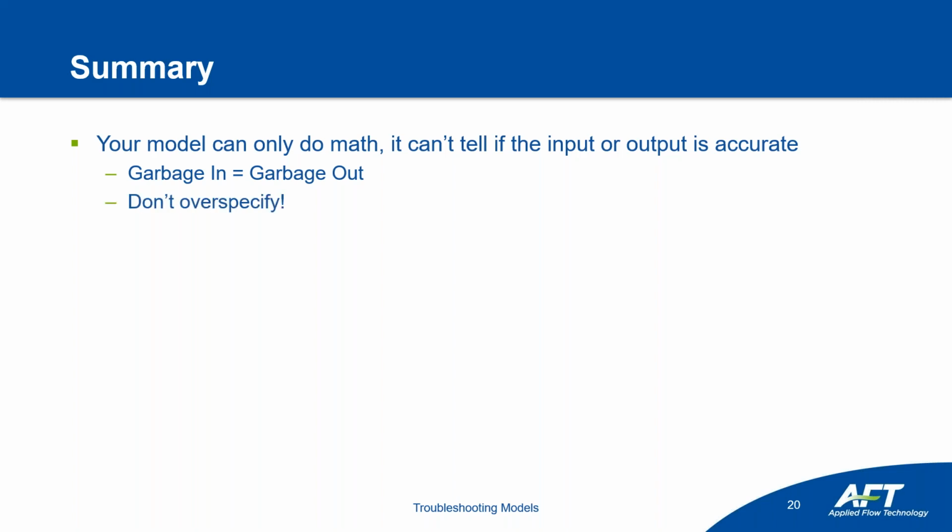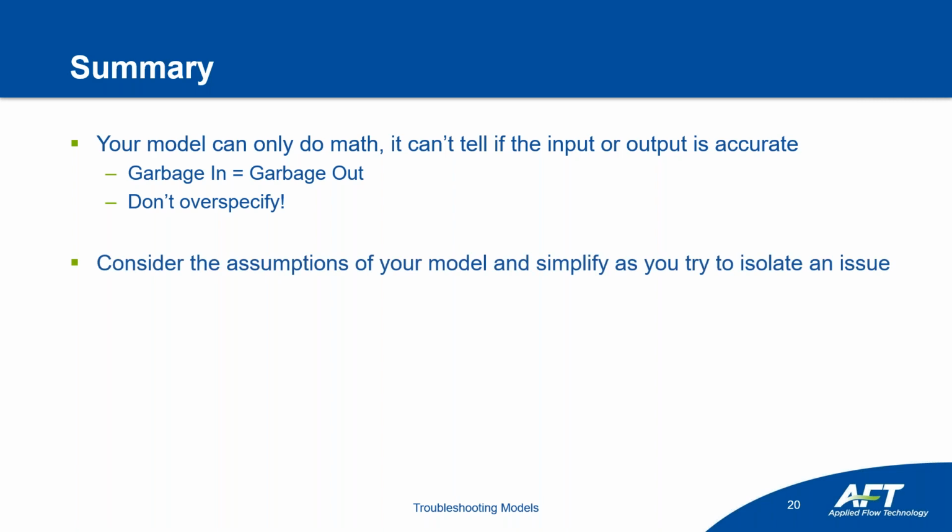Also, a big theme that we looked at is don't overspecify your model. You want the solver to have the flexibility to solve what it can solve for, whether that be pressure or flow rate, and how those boundary conditions can inform how your model is going to change based on different changes that you make elsewhere. Try to consider the different assumptions of your model and simplify them as you try to isolate an issue.